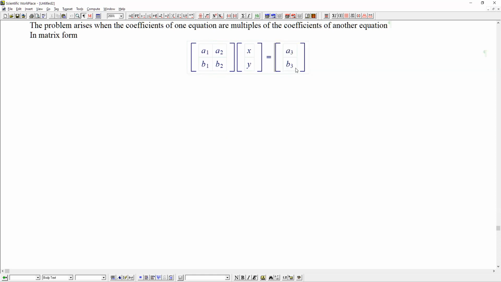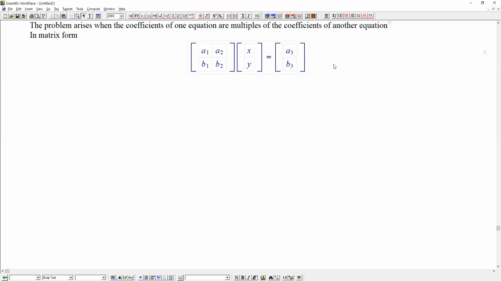And note that if B1 and B2 are just a multiple of A1 and A2, then I'm in trouble. I don't have a unique solution, but whether I have an infinite number of solutions or no solution will depend on A3 and B3. But it doesn't really matter. What we want is to have a nice single solution for our set of equations.